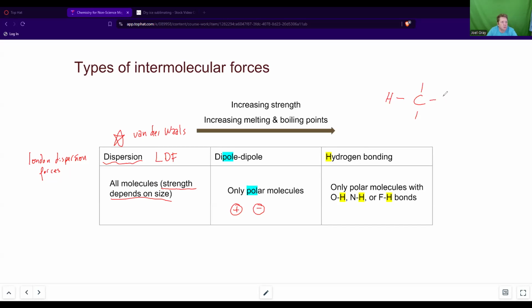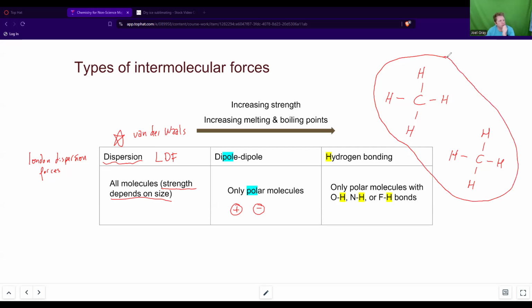Now, an important thing to know, and this is tempting: if I said, hey, CH4, I'm going to draw two molecules here, CH4 and then another CH4. Okay, so here's two molecules. One thing that I want you to see on here is there's a bunch of hydrogens.